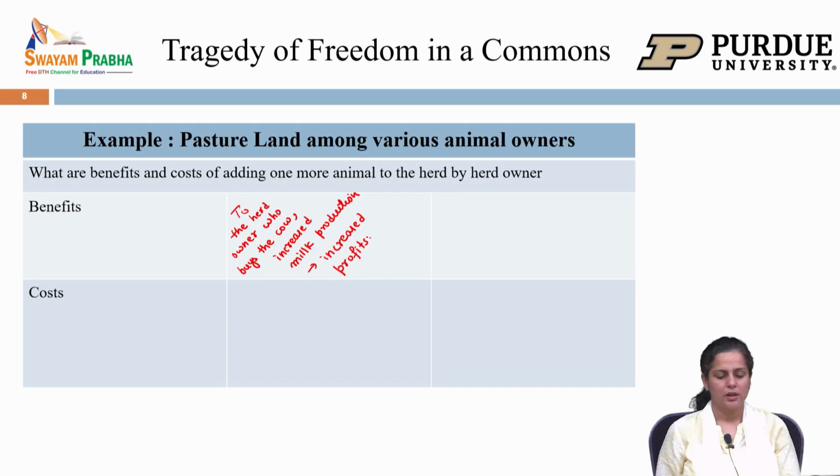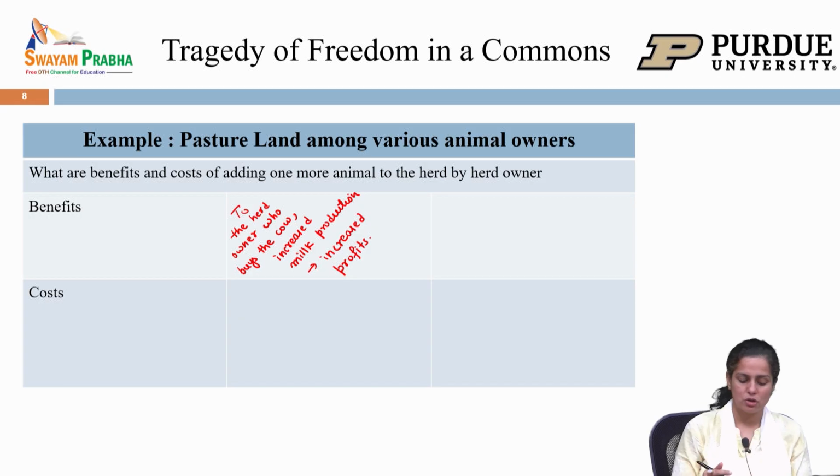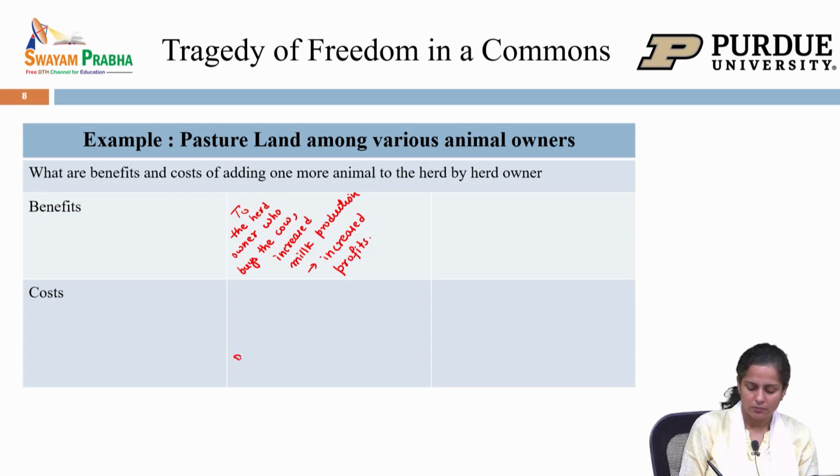Okay. What are the costs? Because you have more cows, you will have more grazing, so the cost will be degradation of the soil, faster degradation of the soil.